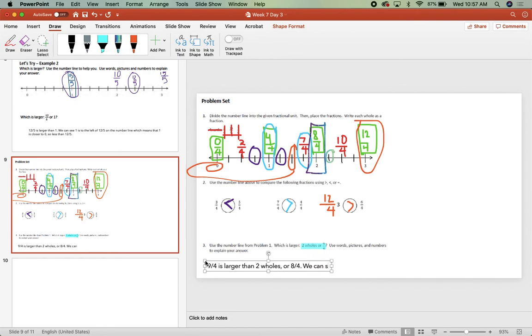We can see 2 wholes is to the left of 9/4 on the number line, which means that 2 wholes is closer to 0, so less than 9/4. Woohoo!